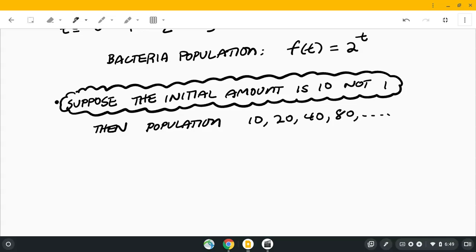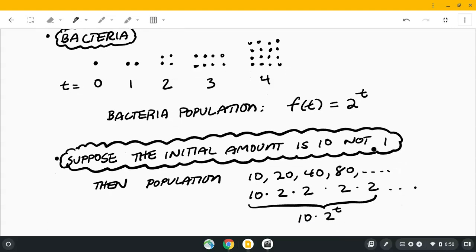So here we can see this is 10 times 2, and then you double, and you double, and you double. This behavior can be modeled as 10 times 2 to the t. That's the function that models this situation where the initial amount is not 1 like before, but 10.